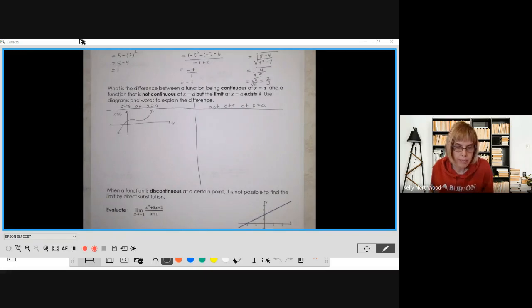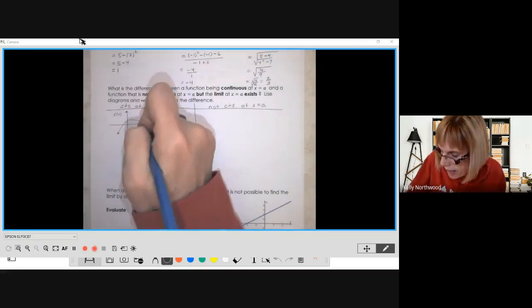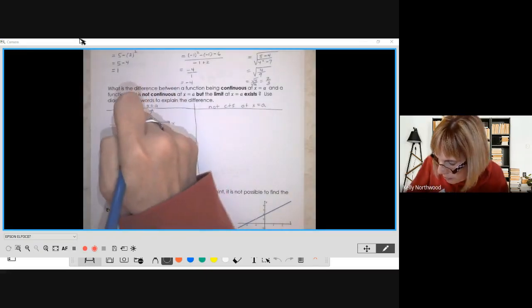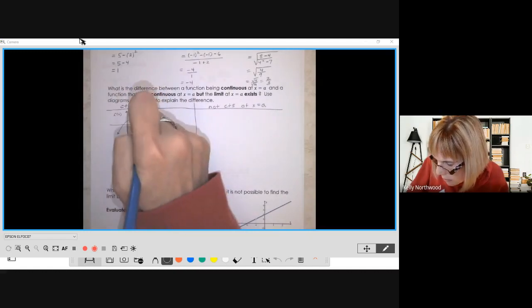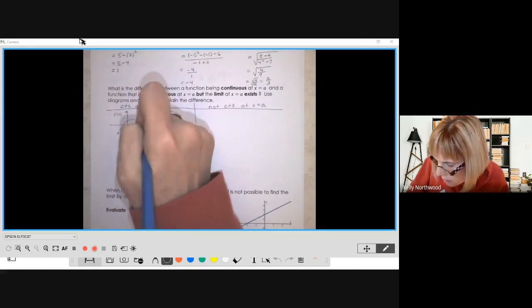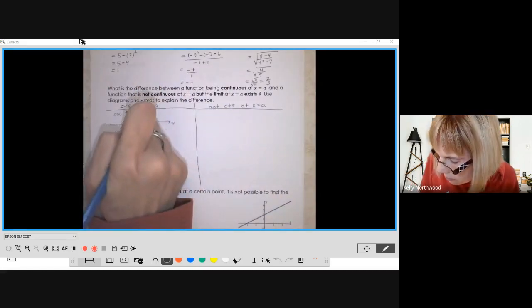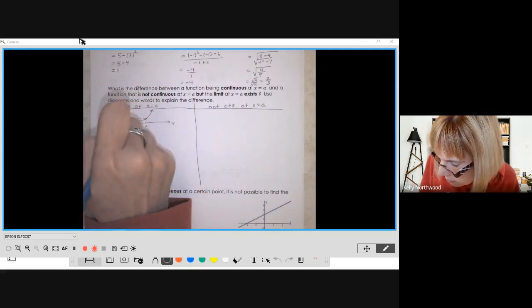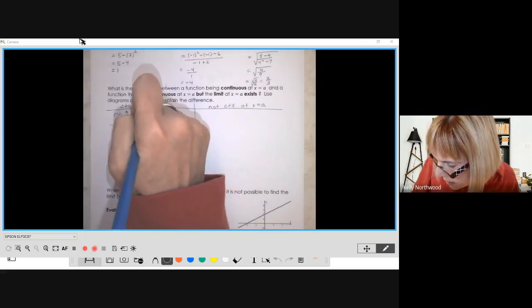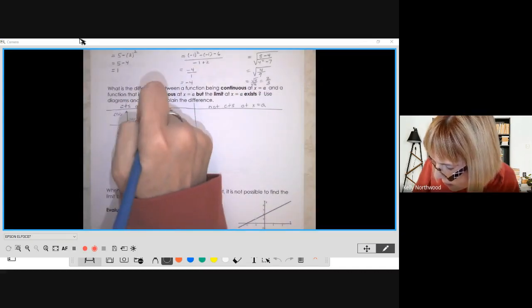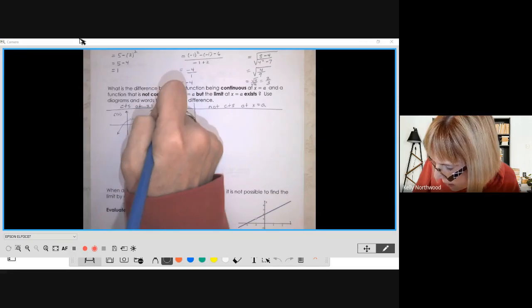There's no gaps in it. And I'm going to choose a place a. It's better to choose it kind of over here. So this point here, it's f at a, you can see that. So that point is the point a, f at a.